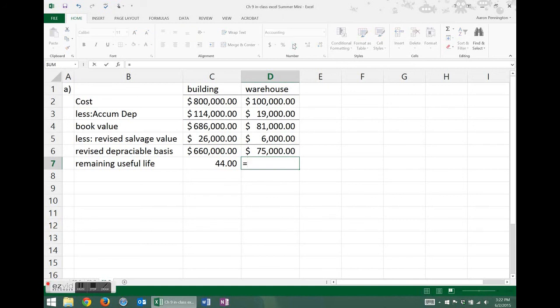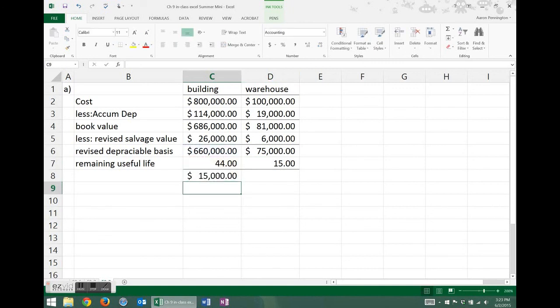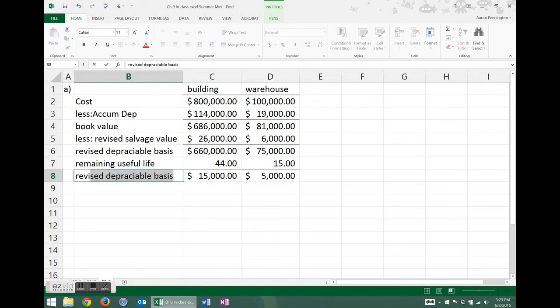It's expected to last 20. And so 20 less 5, 15 years is the remaining useful life. And so then we just use that to calculate the new annual depreciation. So the revised annual depreciation for the building is $15,000 and $5,000 for the warehouse. That's part A.